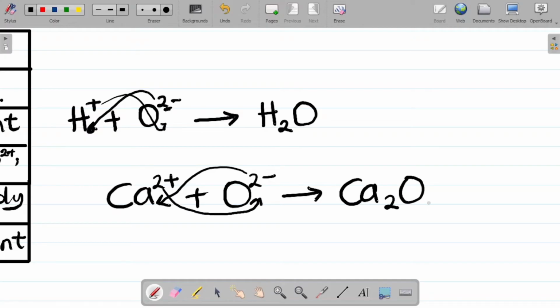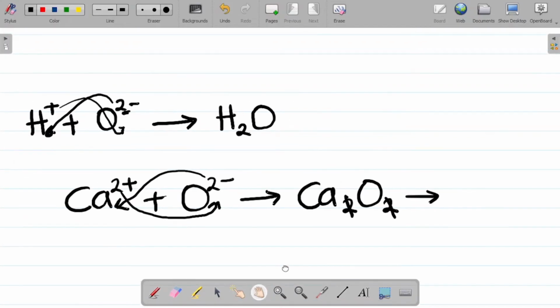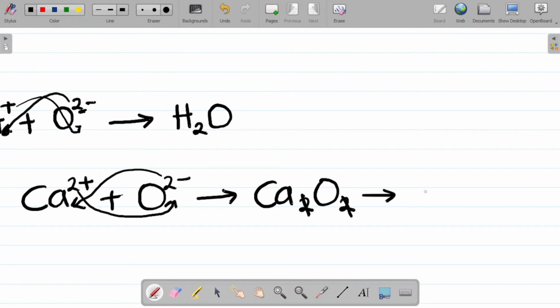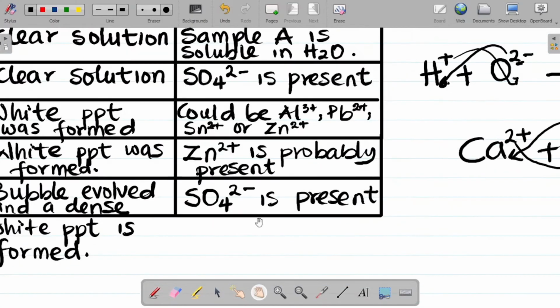In a case where the numbers are the same, like 2 and 2, they cancel out, and I have simply CaO. This becomes the compound, because the pairs are the same and they cancel out. With this concept, let's go and complete the table.